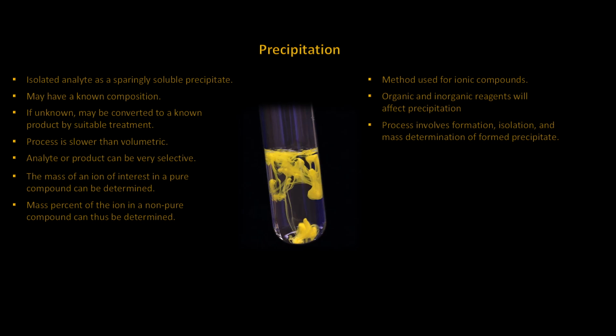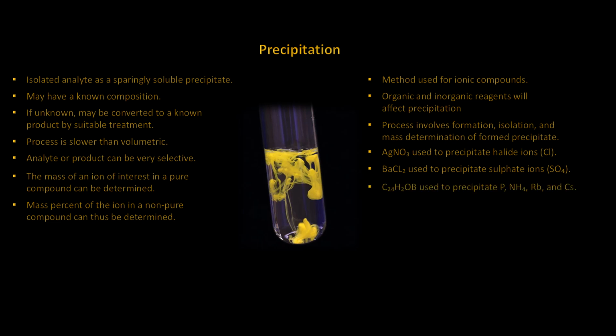As example, silver nitrate is used to precipitate halides, which are chlorine, bromine, and iodine. Barium chloride is used to precipitate sulfate ions, while tetraphenyl borate is used for the precipitation of phosphorus, ammonium, rubidium, and cesium ions. The reactions that take place are between the cations and anions, which are the positively charged metal ions, and the negatively charged nonmetallics, such as nitrates or sulfur.